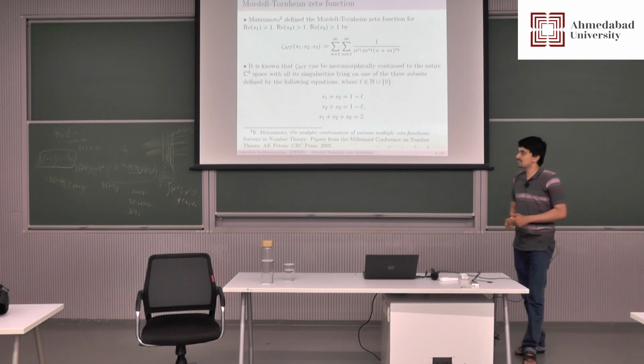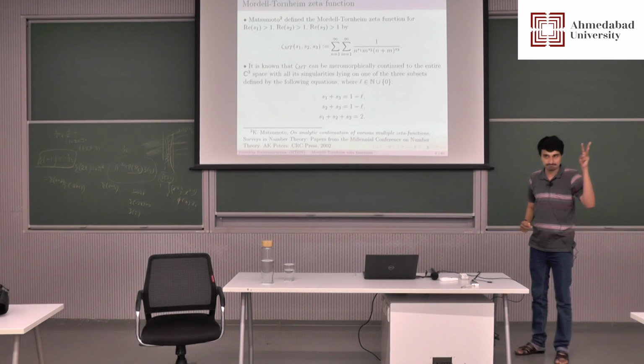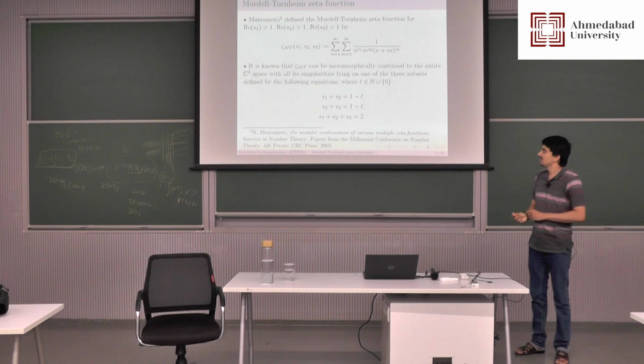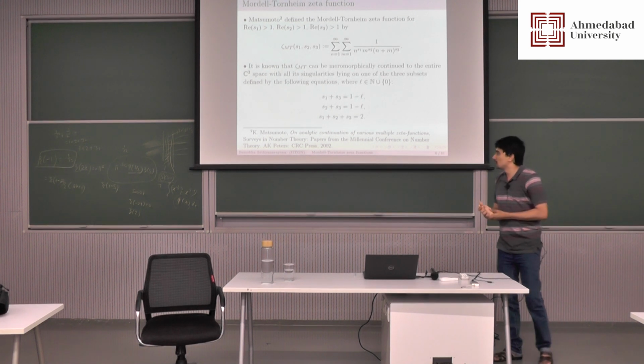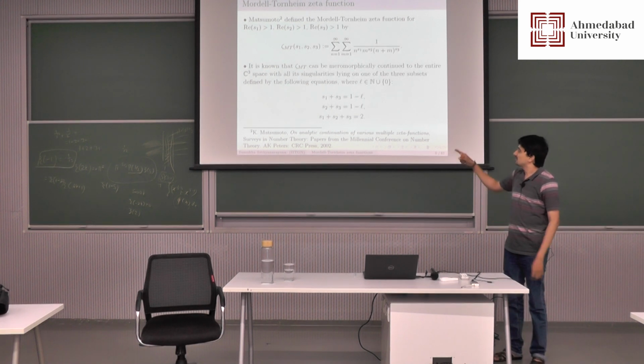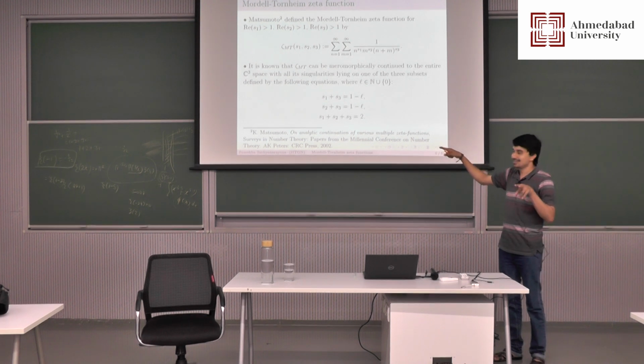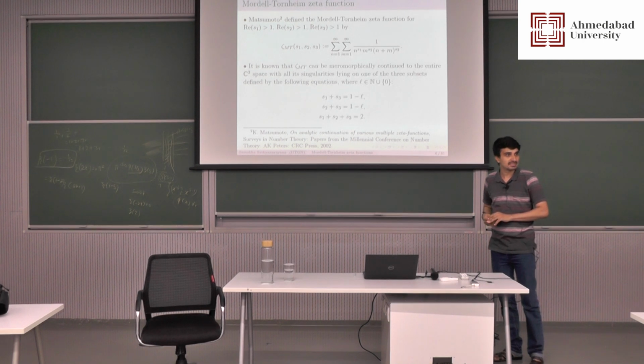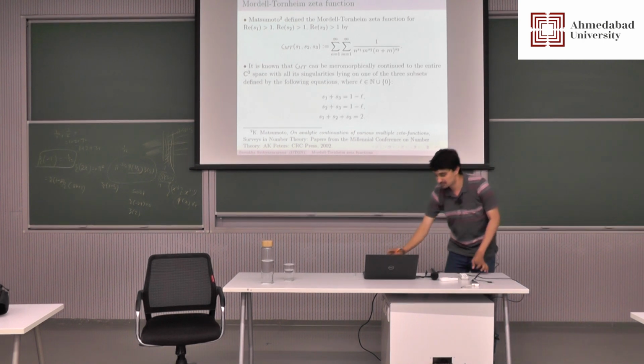That is also enough. But it can be analytically continued to the whole of C3, and the singularities will lie on these lines: s1 plus s3 equal to 1 minus l, s2 plus s3 equal to 1 minus l, s1 plus s2 plus s3 equal to 2. These are the lines of singularity for this function.